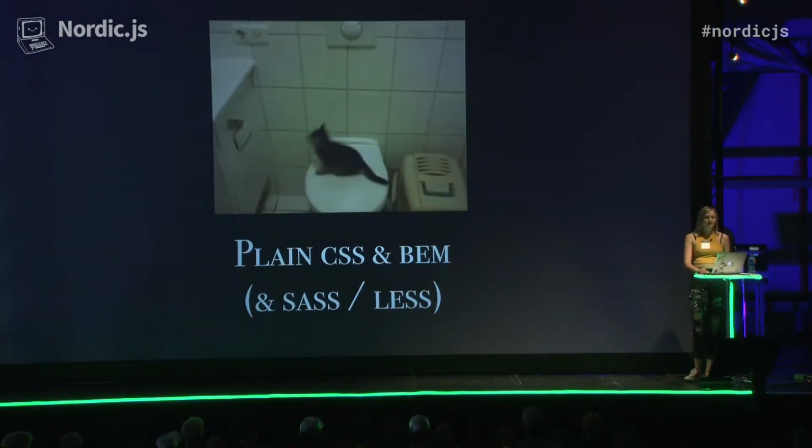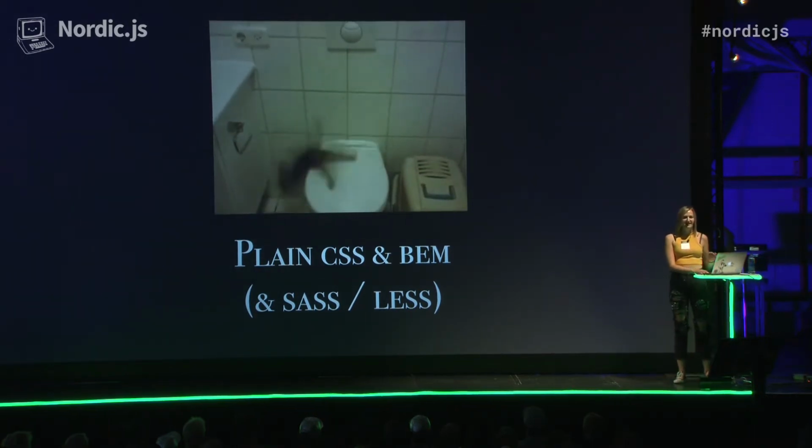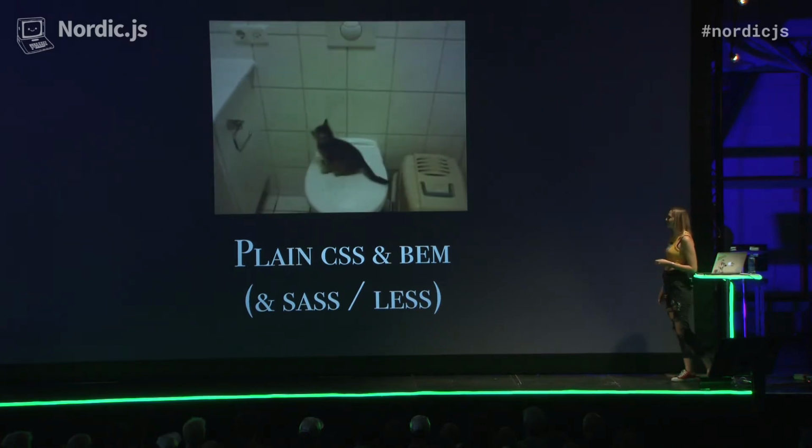We can, of course, combine plain CSS with naming conventions as BEM. We can apply Sass and Less, which is also cool and brings even more features to our CSS. But there is one little problem with this solution. And it's not actually technology itself, because it's really good, and we can use it.